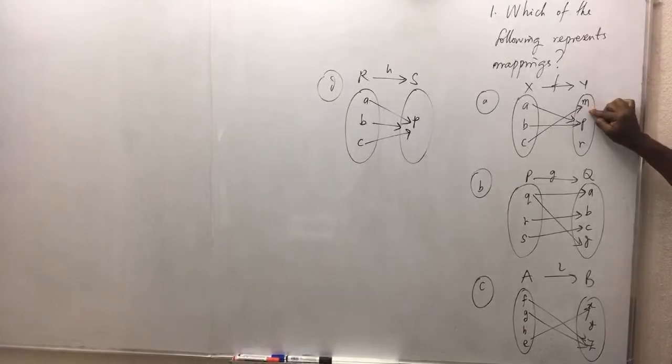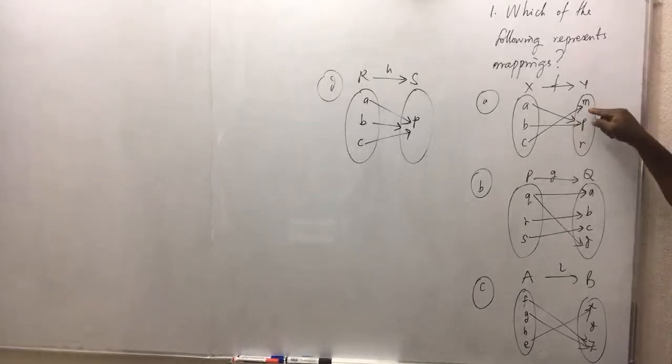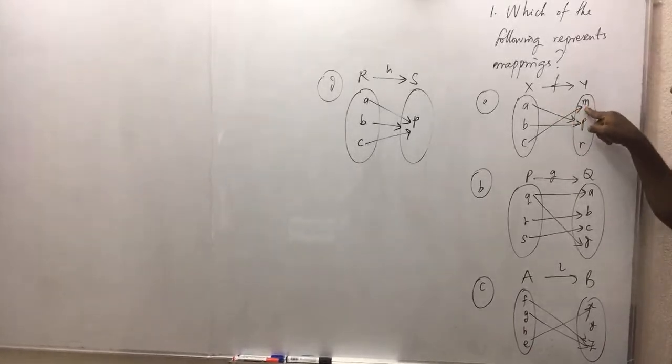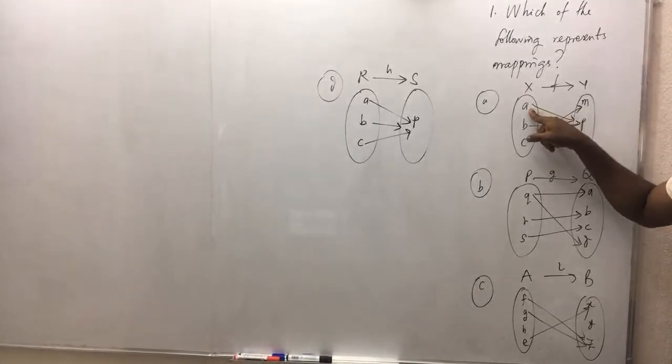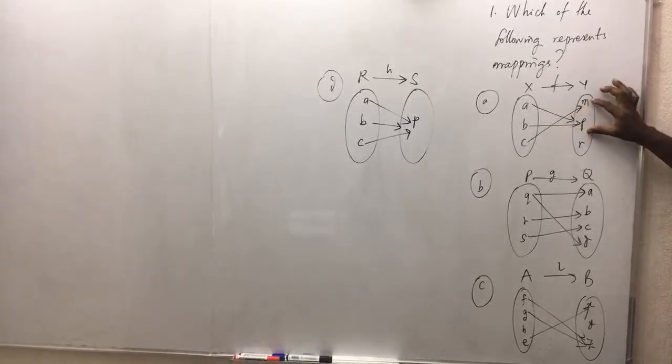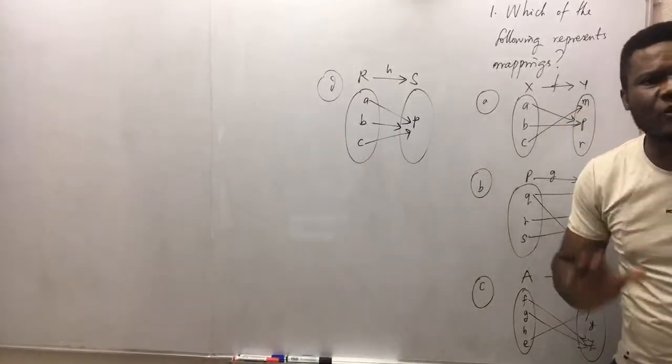Uniqueness means that an image cannot be paired to more than one element of the domain. So looking at M and P, you will notice that they are unique.